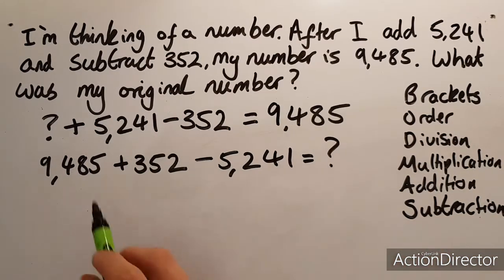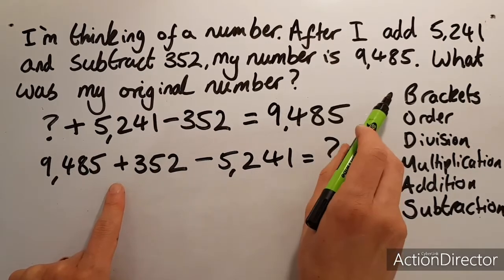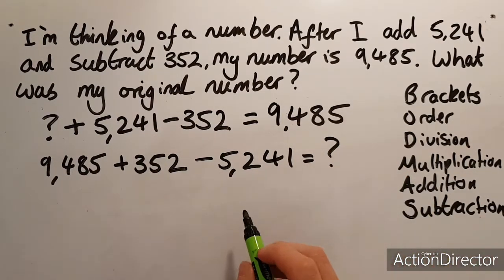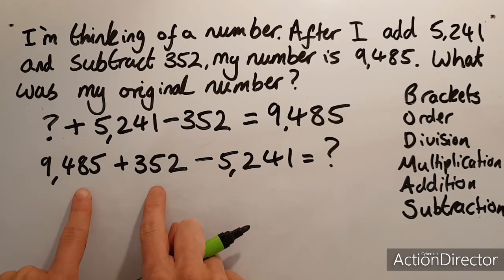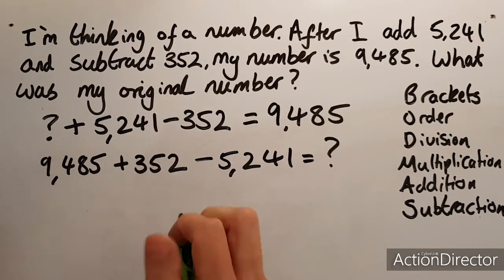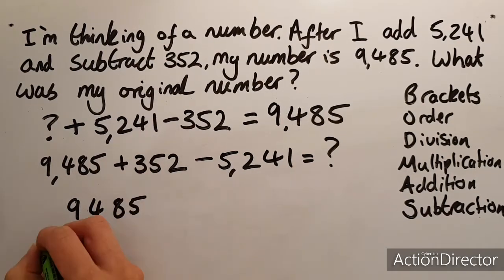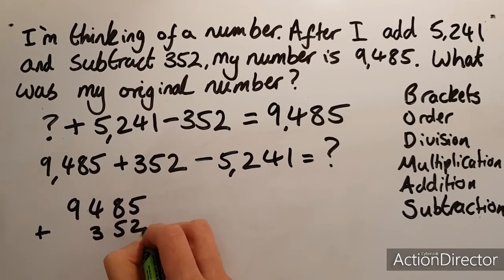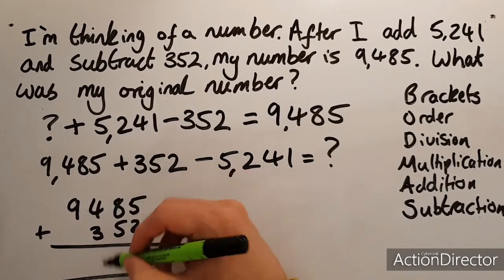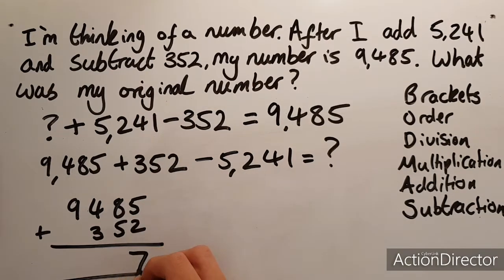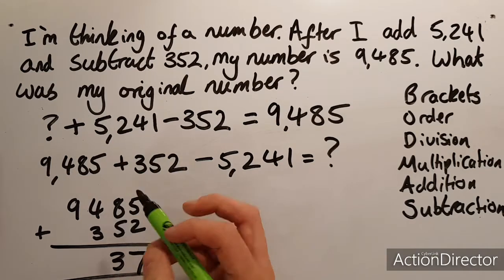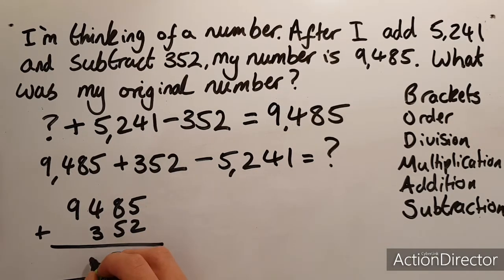Okay, so here I've got an addition and a subtraction. If I go down to my BODMAS, the first thing I need to do is addition. So I'm going to do this part of the number sentence first: 9,485 plus 352. Just make sure that you've got your place value in the correct order. 5 plus 2 gives me 7, 8 plus 5 gives me 13, so 3 and carry the 1. 4 plus 3 is 7 plus my 1 is 8, 9 plus 0 gives me 9.